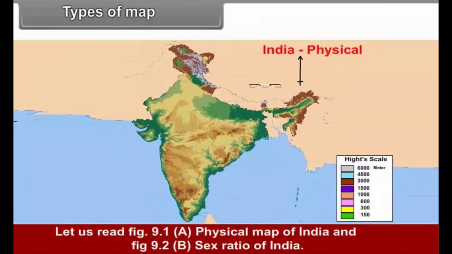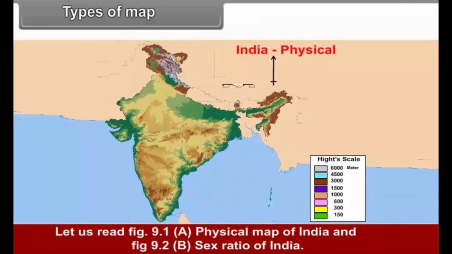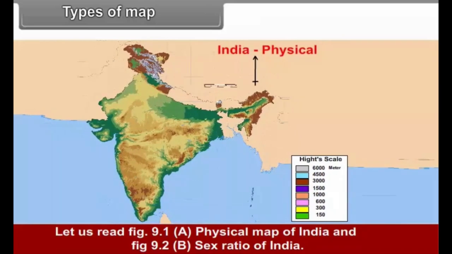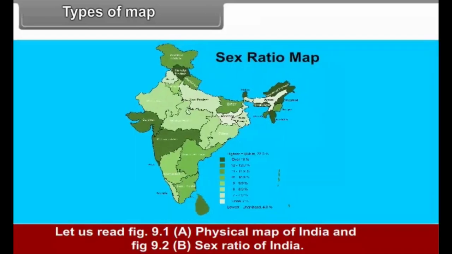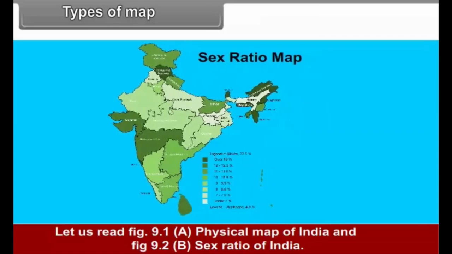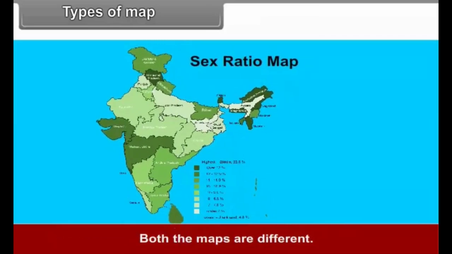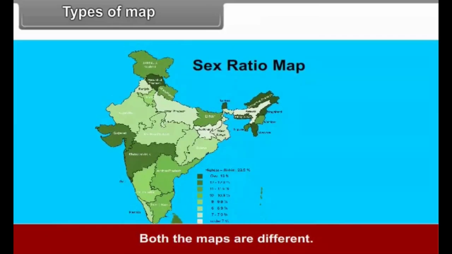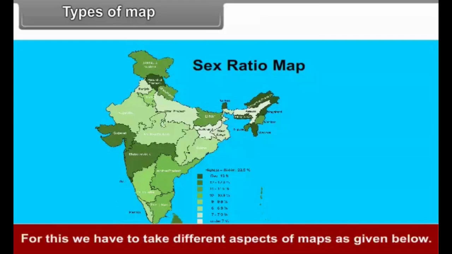Let us read Figure 9.1a, Physical Map of India, and Figure 9.1b, sex ratio of India. Both the maps are different. So let us try to read them separately. For this, we have to take different aspects of maps as given below.